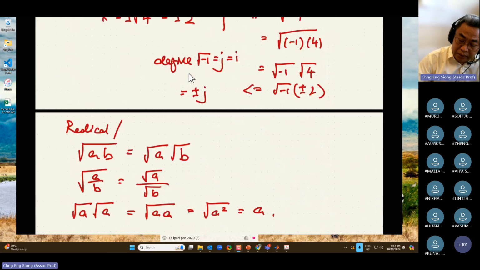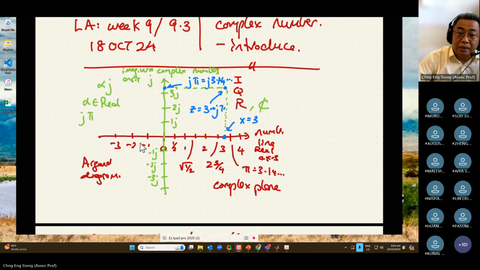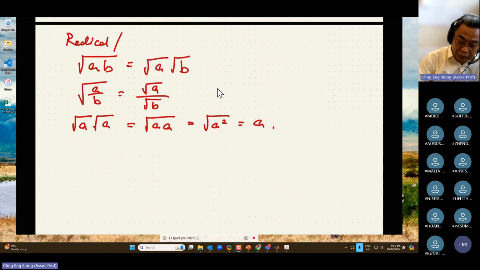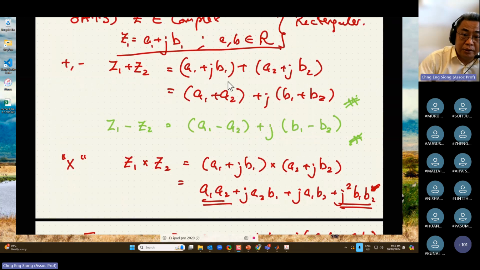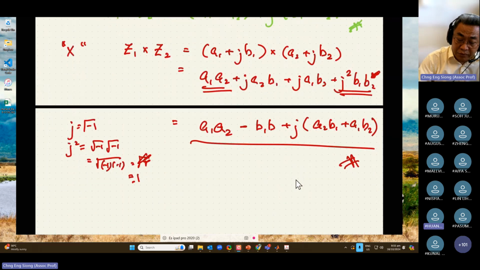Because if you look at the picture, it is like forming a rectangle in the complex plane, moving along the real axis and moving along the imaginary axis. So we know that it is easy to do addition and subtraction in the rectangular form. To do multiplication in the rectangular form is very hard, and we'll never do it this way.